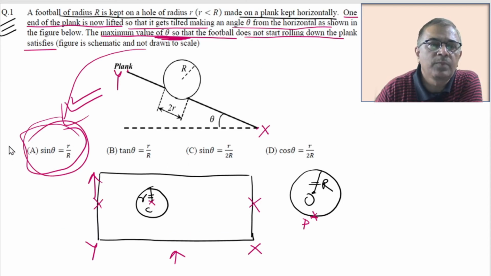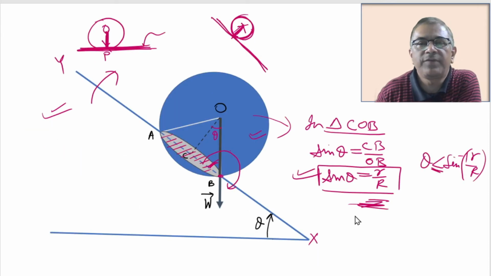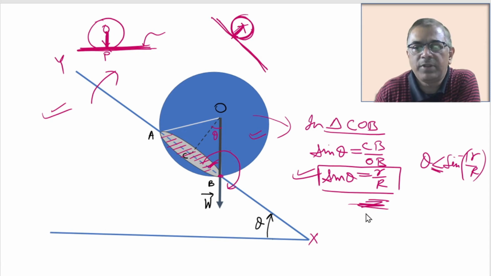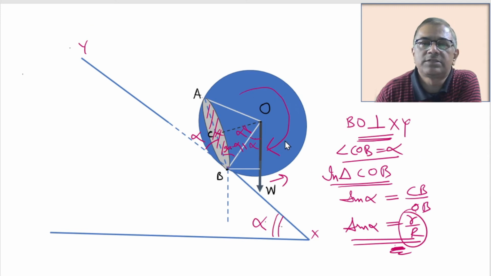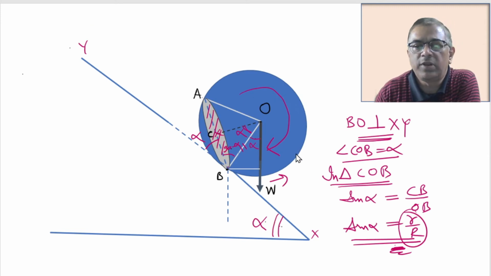But you see, my argument is different than the argument presented by the different masters in the field. So this should give you enough idea under what condition this football will start rolling down, and what the figure looks like the instant the football rolls.